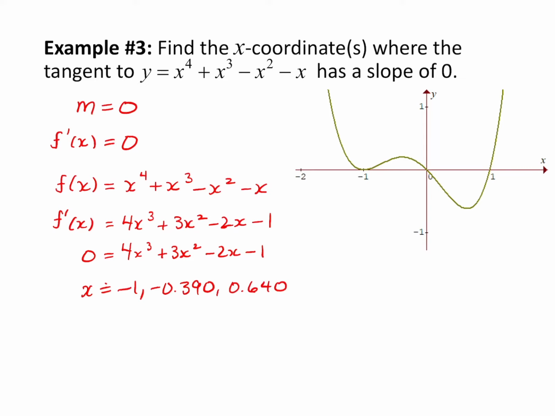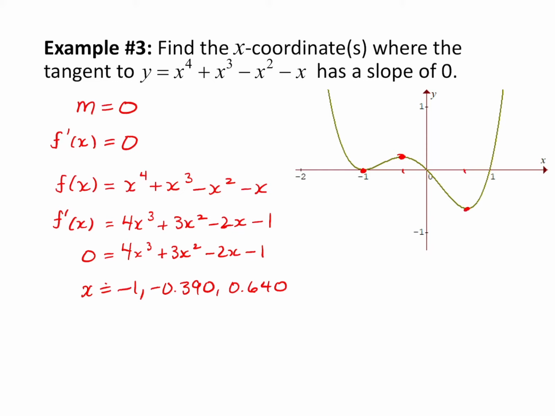So if we now look at the graph and look at those points, we have x equals -1, so right here. x equals -0.390, so about right here. And x equals 0.640, so about right here.